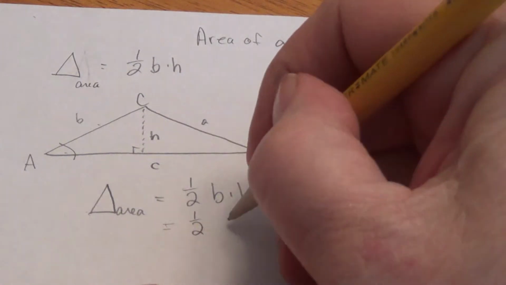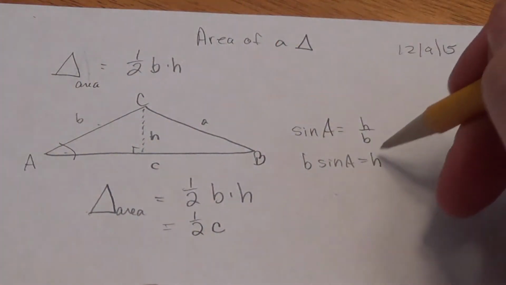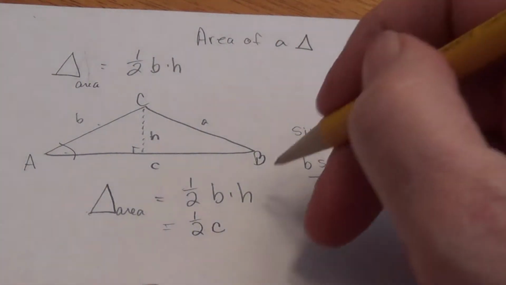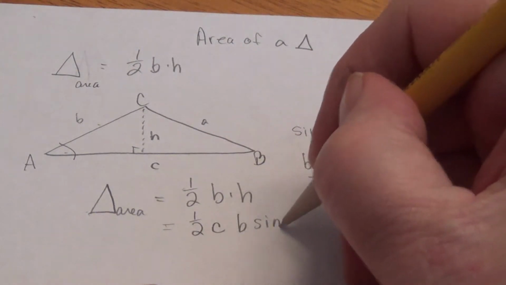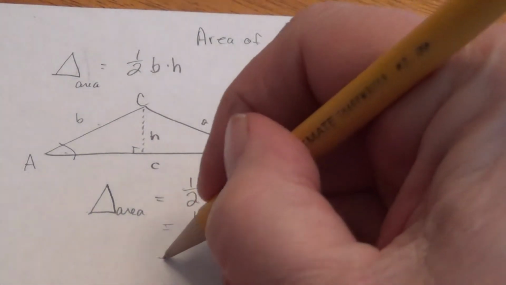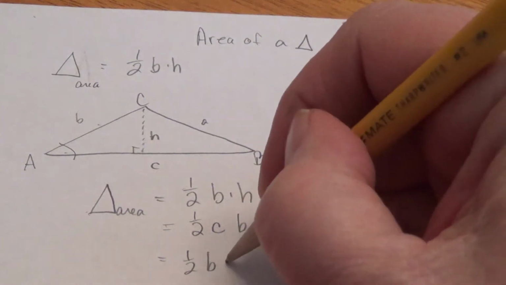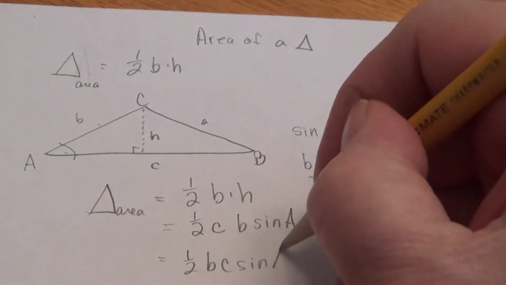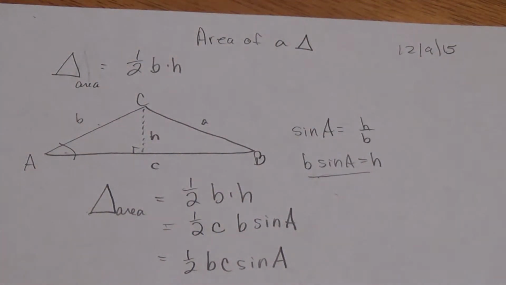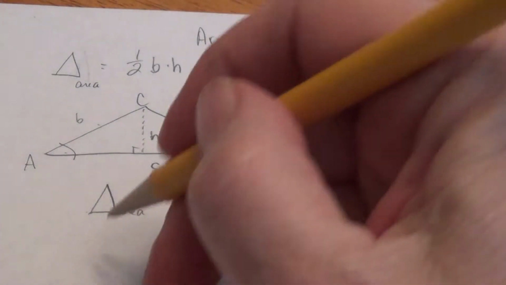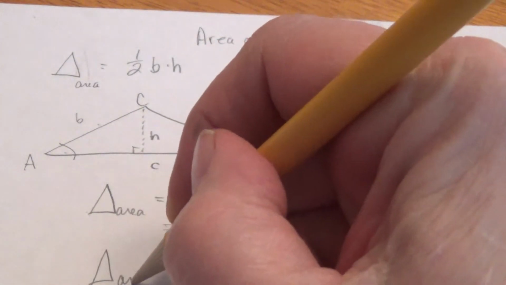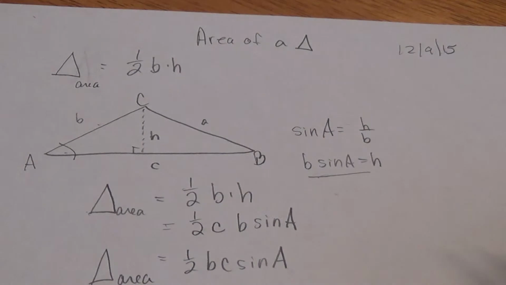It is side C. And what's the height? It is B sine A. So I just rearrange the B and the C for aesthetics so it looks nice. And I have one of my new formulas for the area of a triangle.